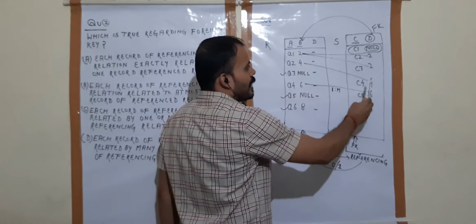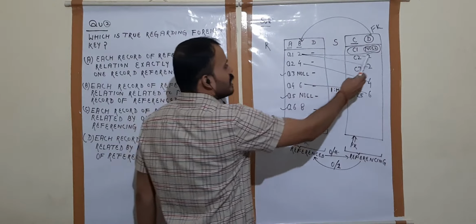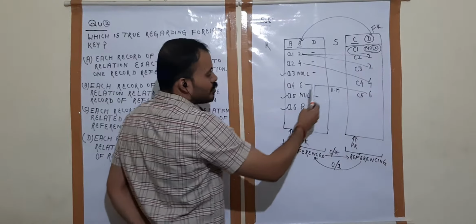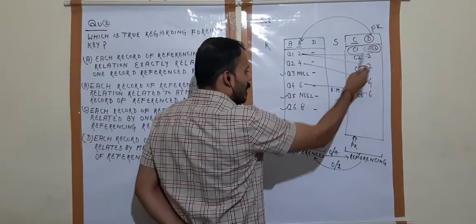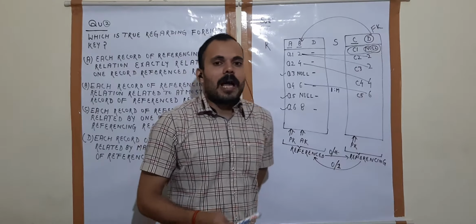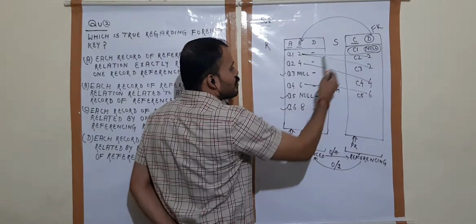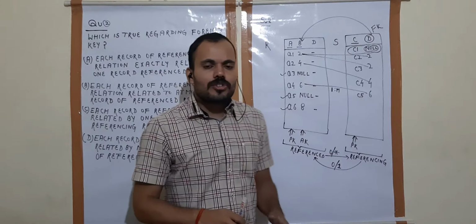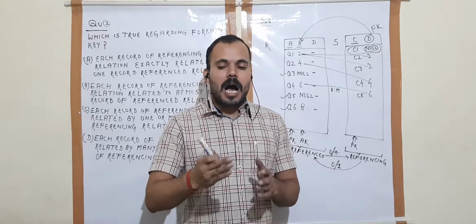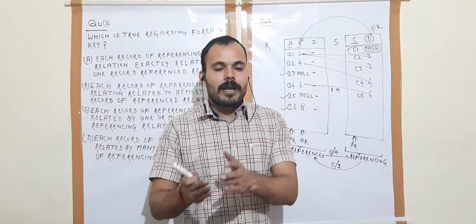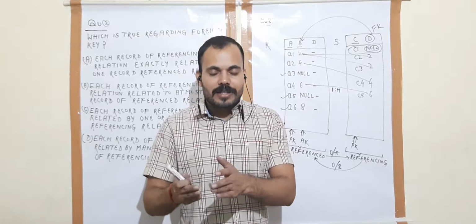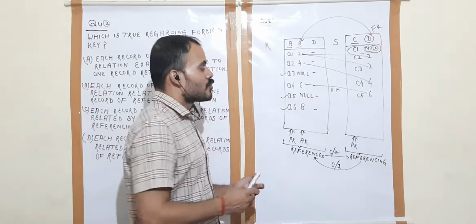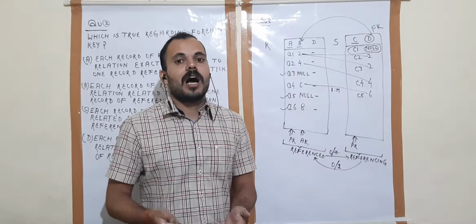The mapping of this null to this null means the mapping of unknown to unknown or unexisted to unexisted. There is no sense of mapping of an unknown value to an unknown value or an unexisted value to an unexisted value.